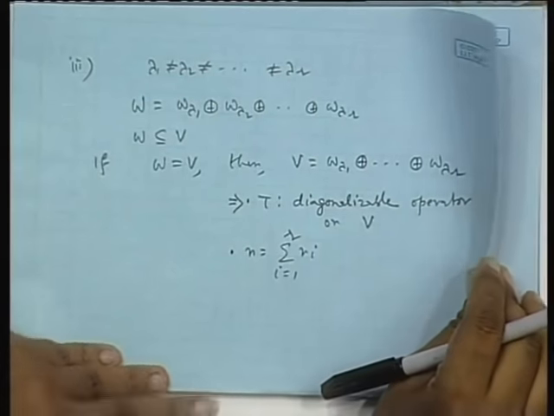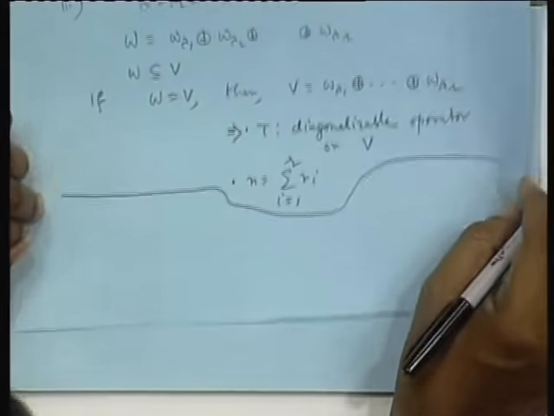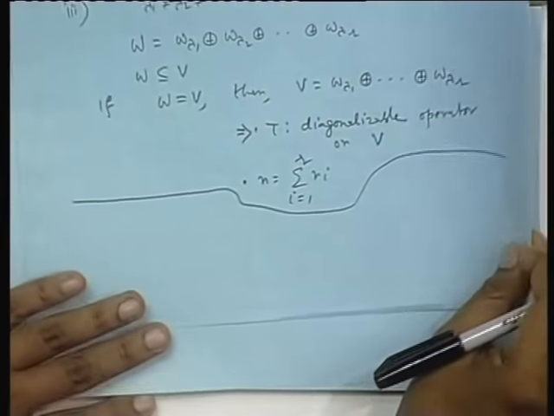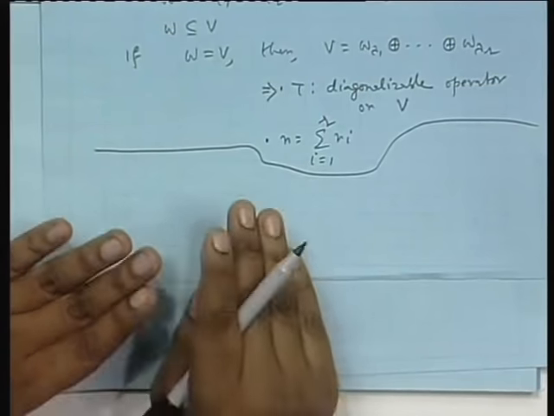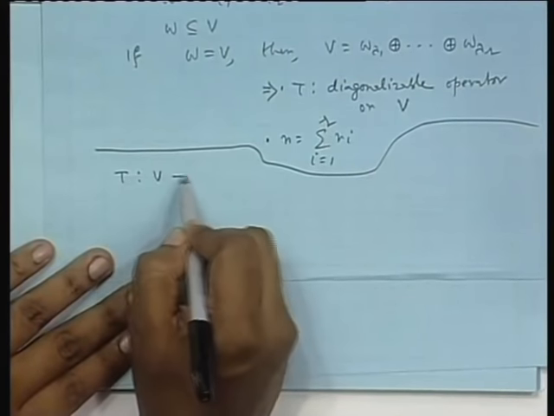Why we say so? To understand that, we come back to the basic property of operators as a diversion from here. Suppose we are presenting some other result which is relevant here. Suppose I am considering any linear operator T from V to, say, V prime.